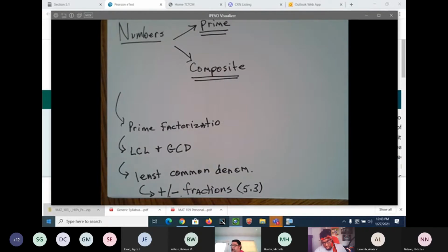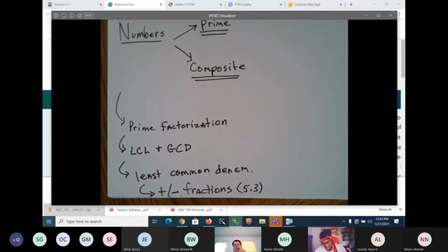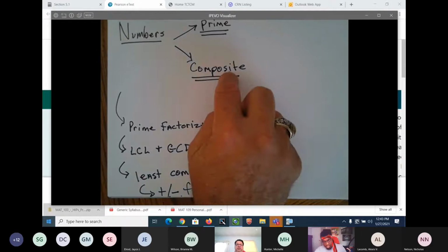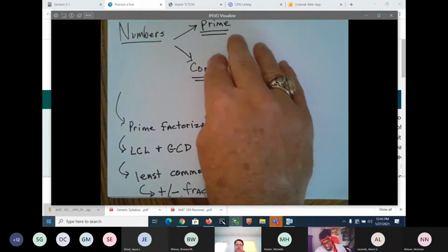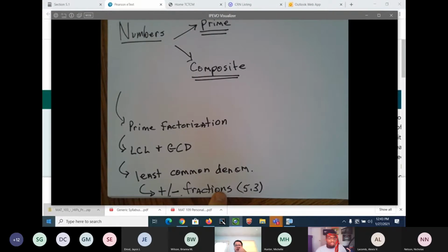Now, the reason I'm showing you this is I know I have a couple of people in here, like I said, that invented prime numbers and invented composite numbers, and they think they know it all, but that's not what I'm teaching. What I'm teaching is this, because this is where everybody sucks as far as math goes. Everybody sucks at adding and subtracting fractions, all right? So my goal is not 5.1.